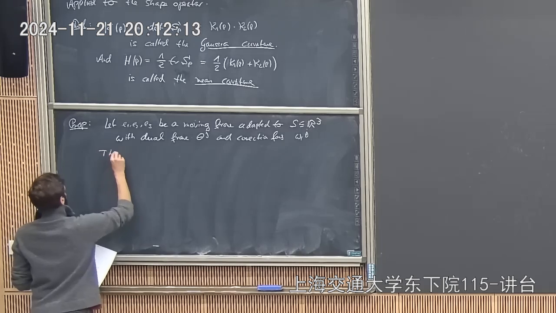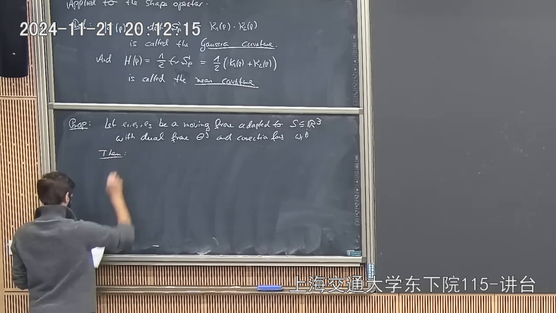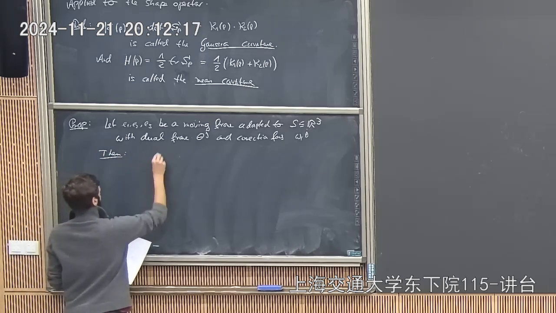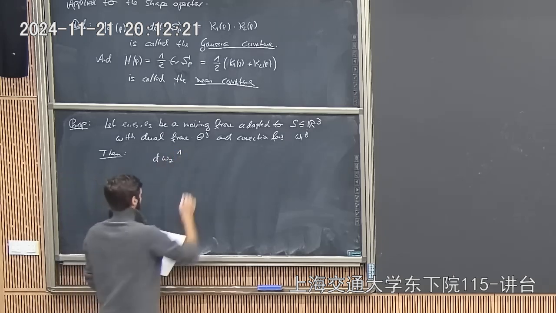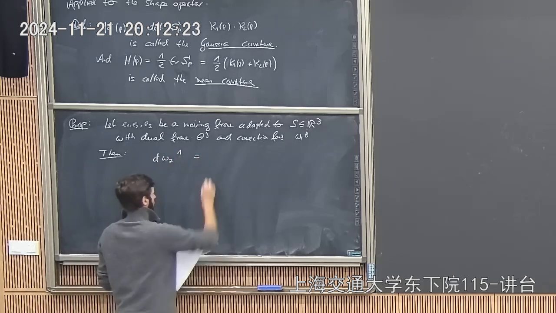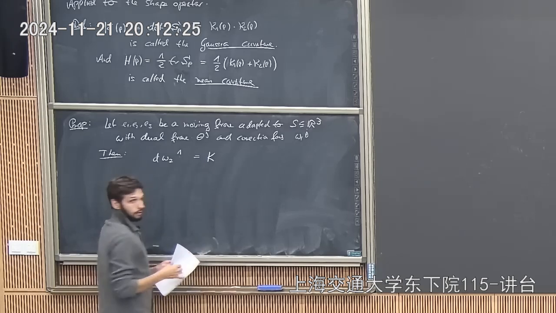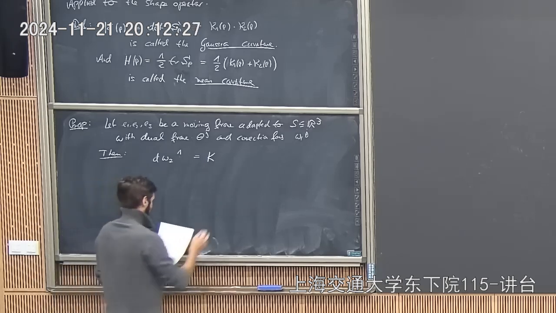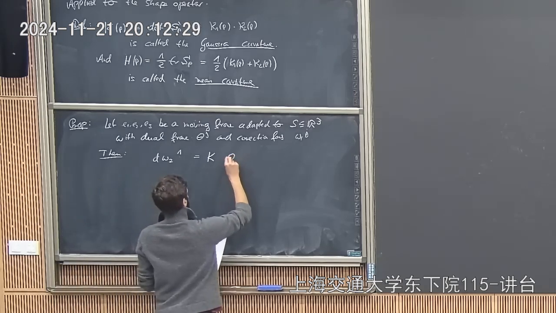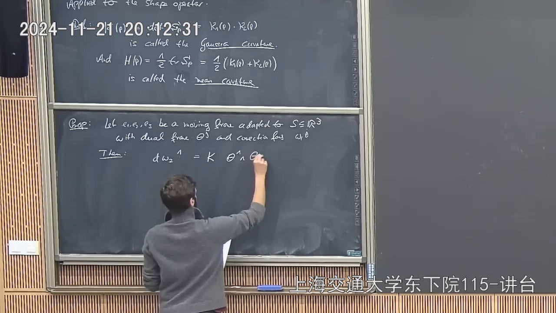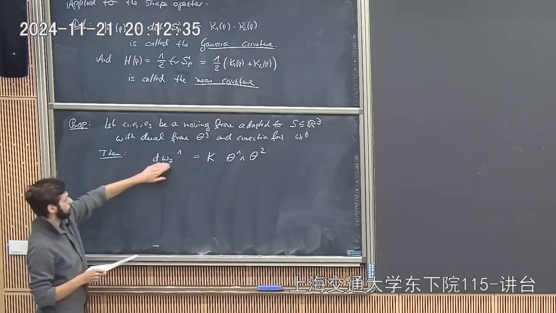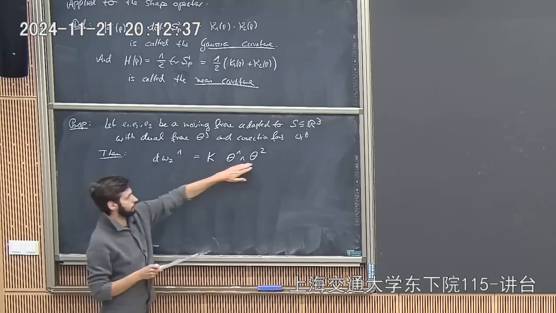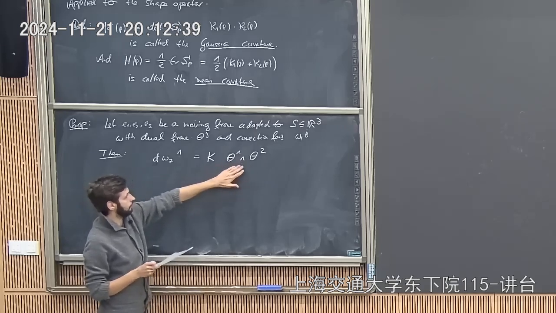And the proposition tells us the following: if you take d of omega 1 2, what we get is our Gaussian curvature times phi 1 wedge phi 2. So this one is a 1 form, so d of it is a 2 form. So we have to wedge to get a 2 form.